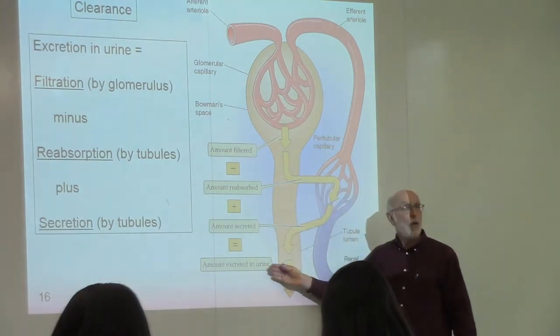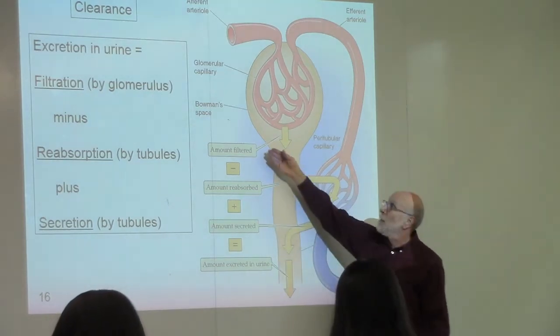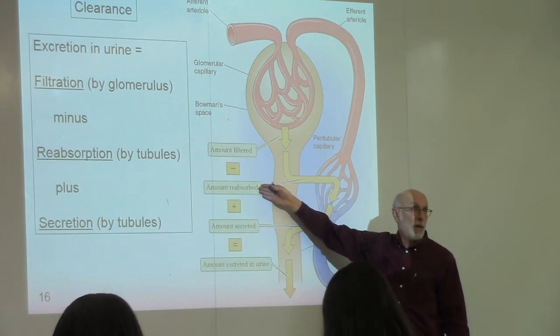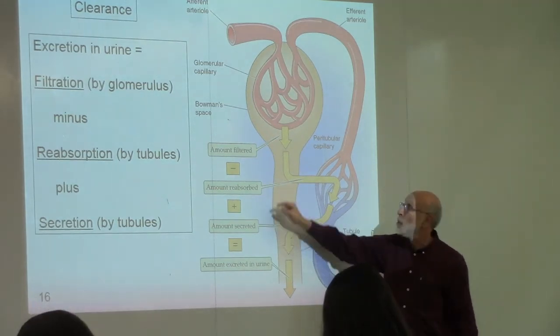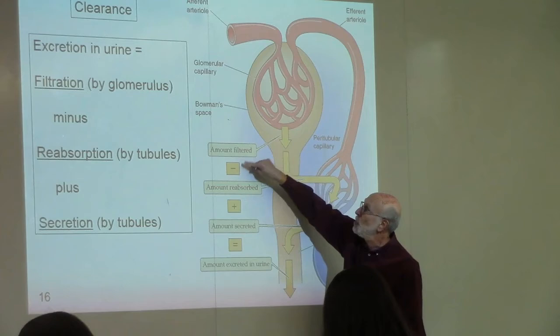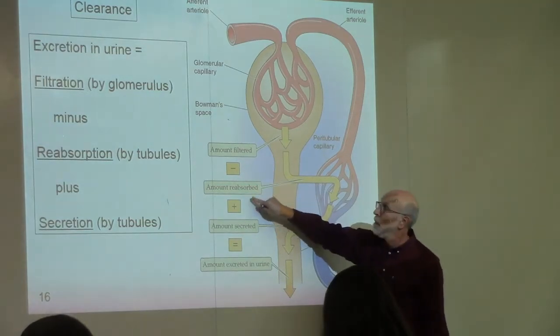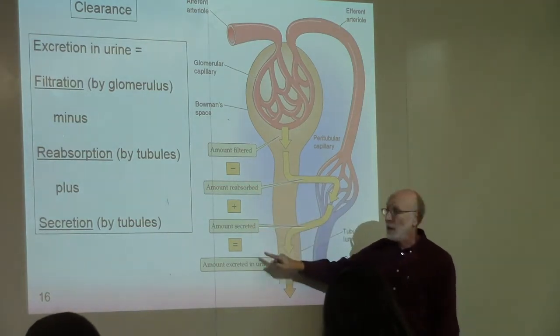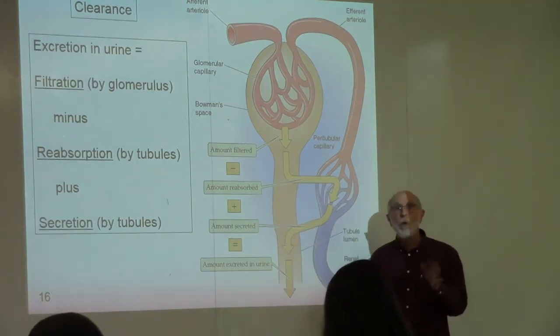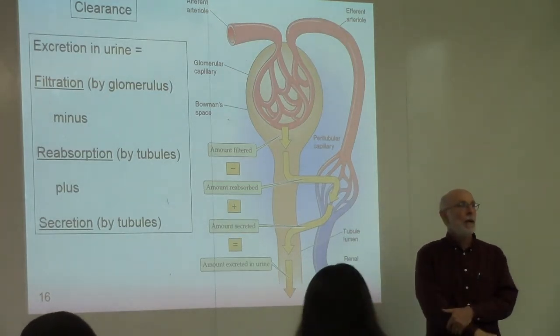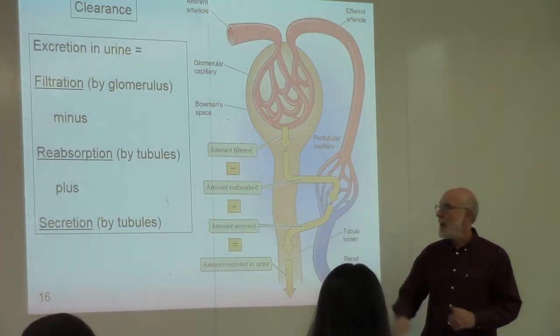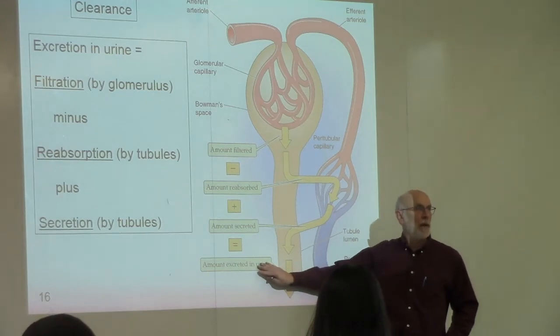The amount excreted is filtration minus reabsorption plus secretion. So this operator is filtered minus reabsorbed plus secreted, gives the amount excreted. Don't confuse secreted with excreted. That's an important thing to differentiate. Excretion is what ends up in urine.